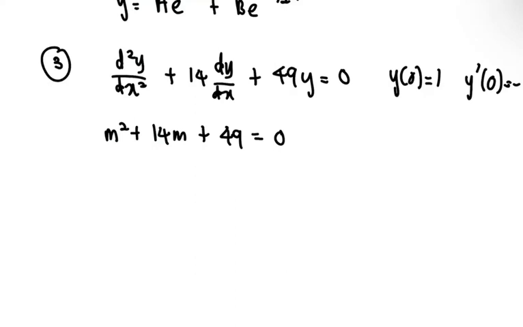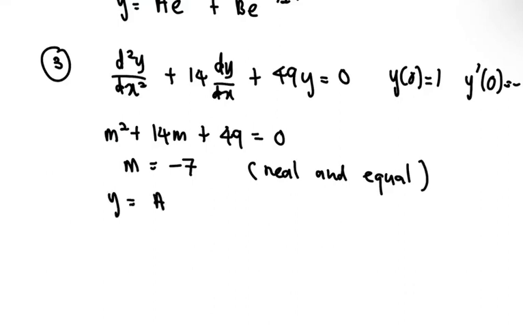Since I already have my calculator here, let's plug in the values in the calculator. So we have m equal to minus 7. So we only have one value of m. So this is the case of real and equal roots. So the solution will be y equal to a e to the minus 7x plus bx e to the minus 7x.